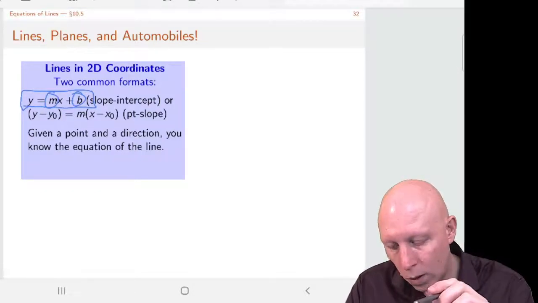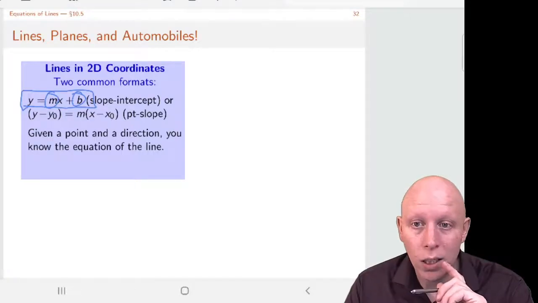Another way you can get the equation of a line is if you use the point-slope form.